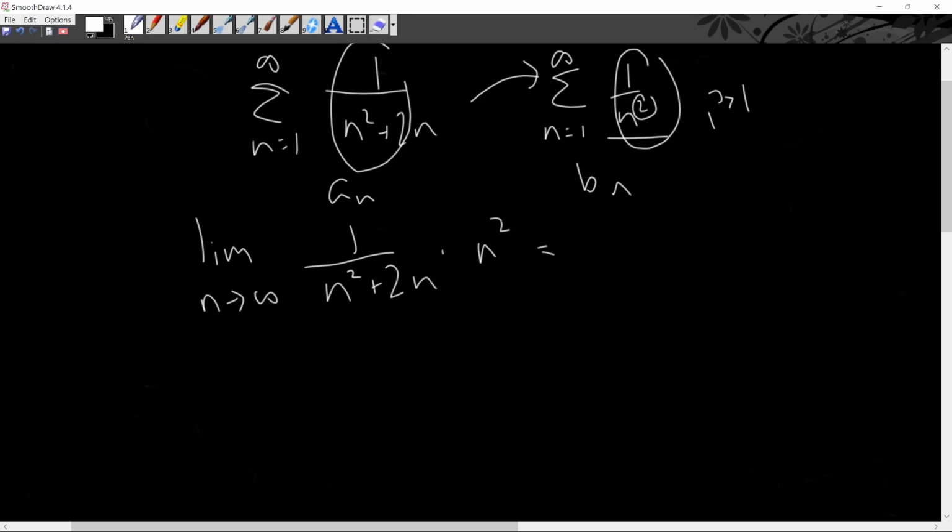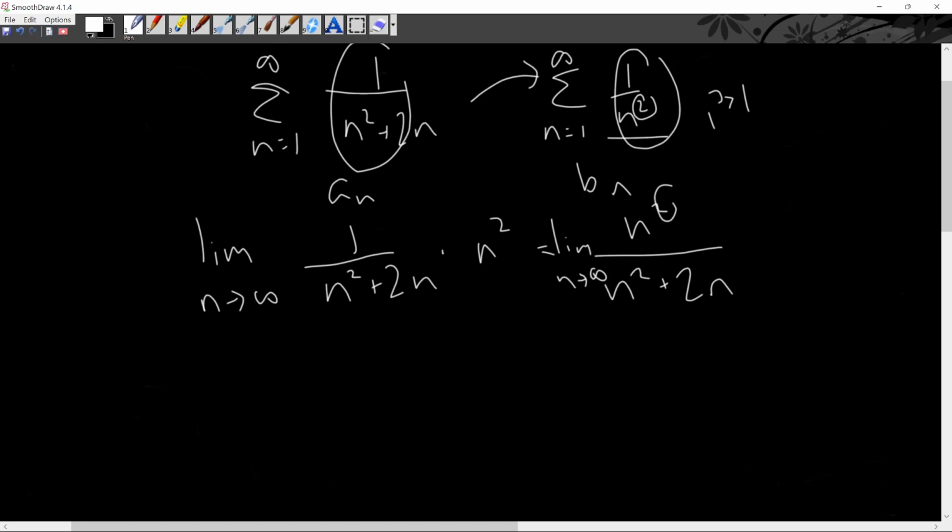So we're going to have n squared over n squared plus 2n, the limit as n approaches infinity of that. And again, we could do L'Hopital's, but as practice of what we did in the comparison test, I want us to get to the point where we don't really calculate as much as we see what is going on with the sequence as a whole and what values we are converging to.